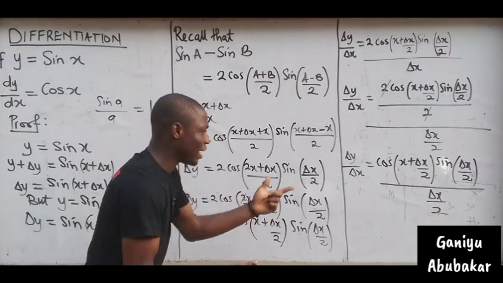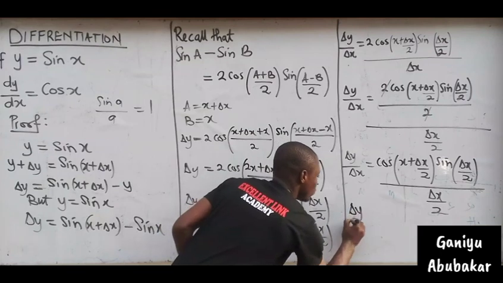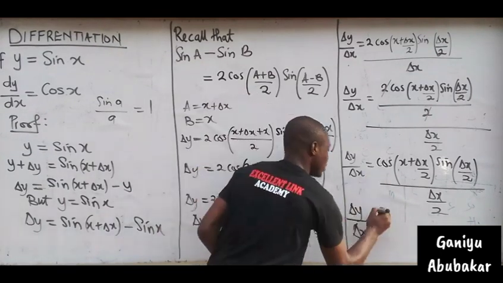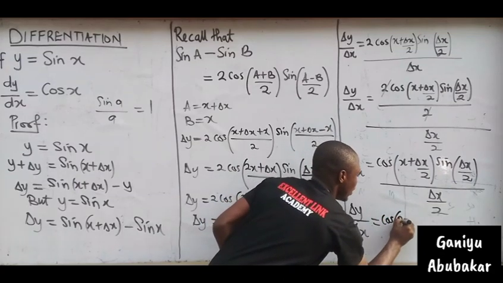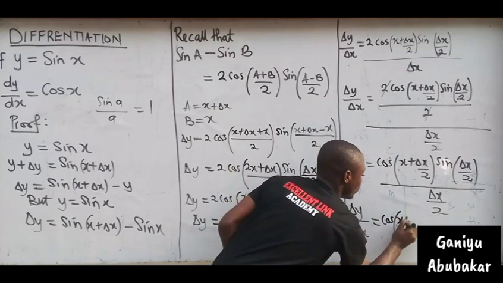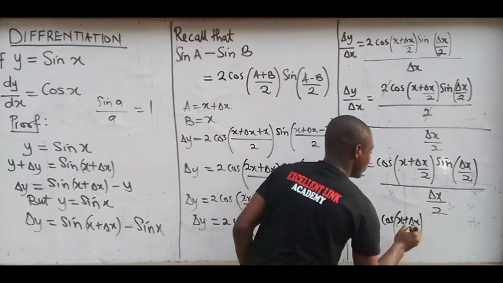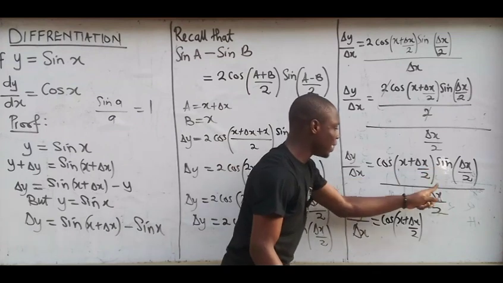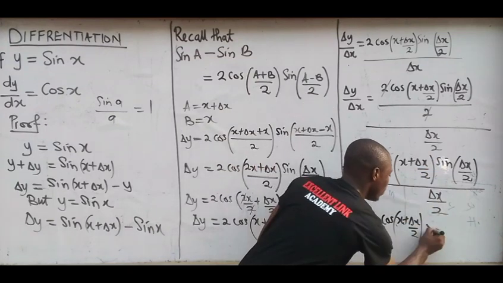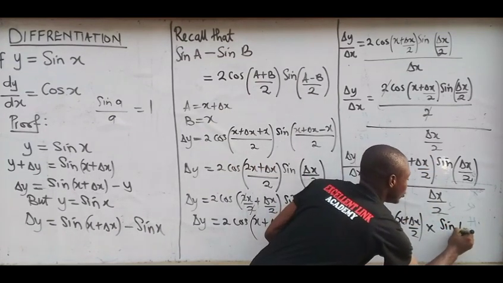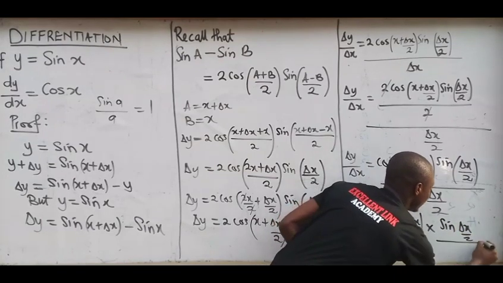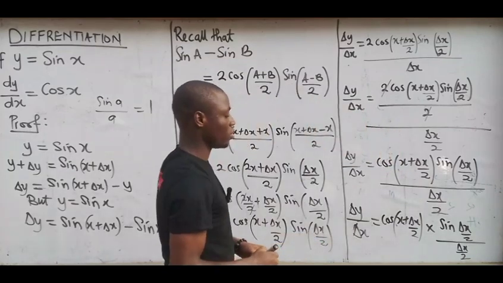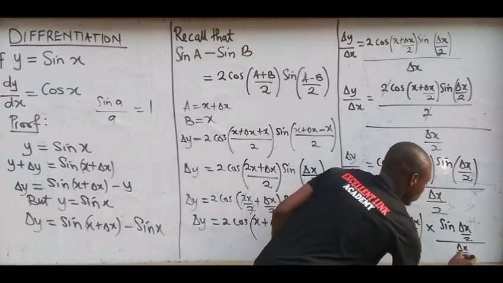In that case, change in y over change in x is now obviously cos of x plus change in x over 2. Then observe that this and this will go together, so I'll have multiplied by sine change in x over 2 divided by change in x over 2.